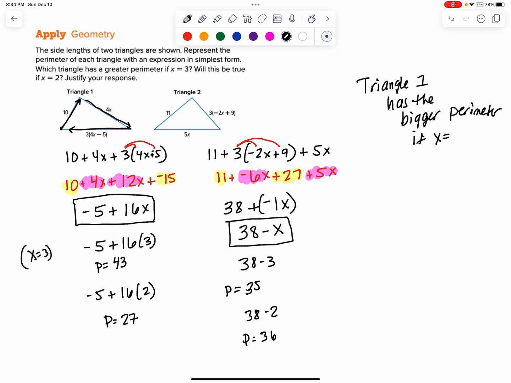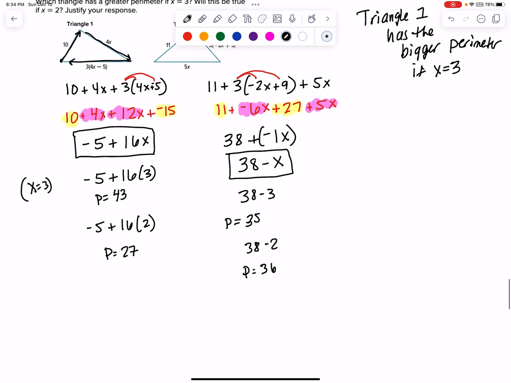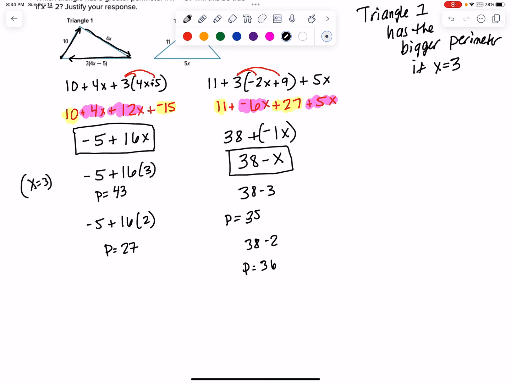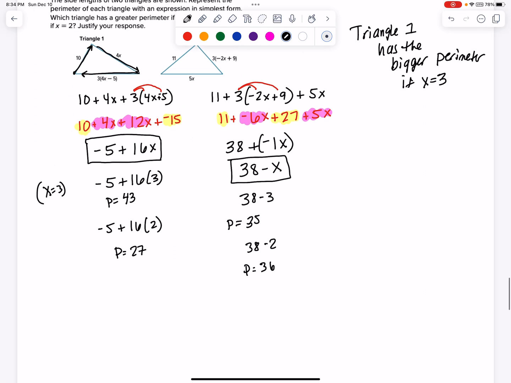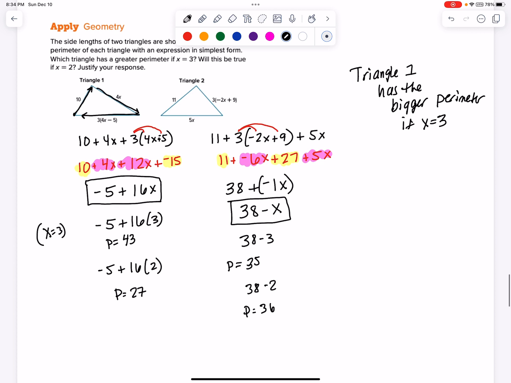If x equals 3, if x equals 2, let's see, will this be true if x equals 2?